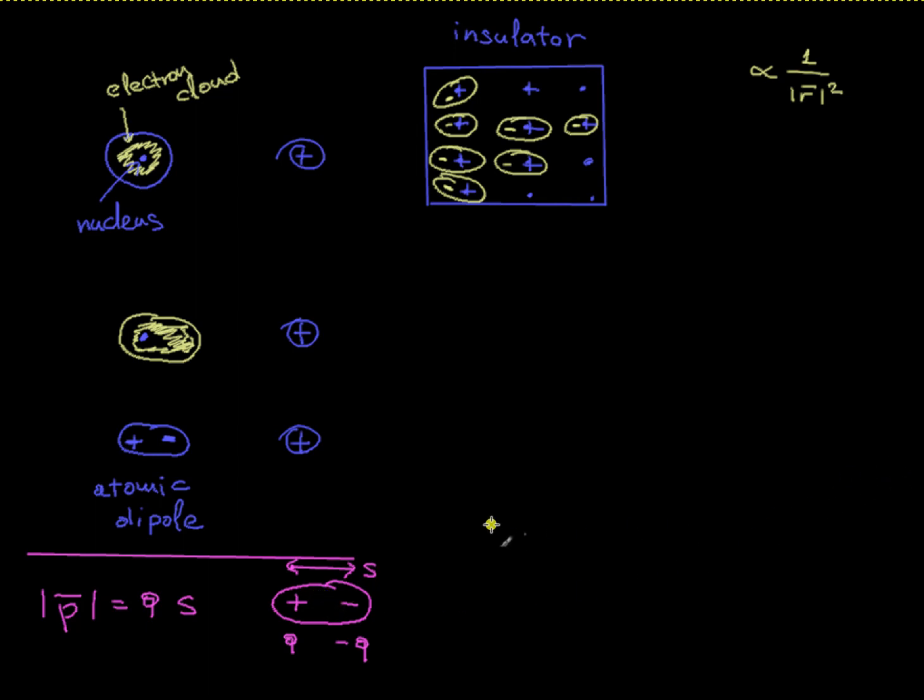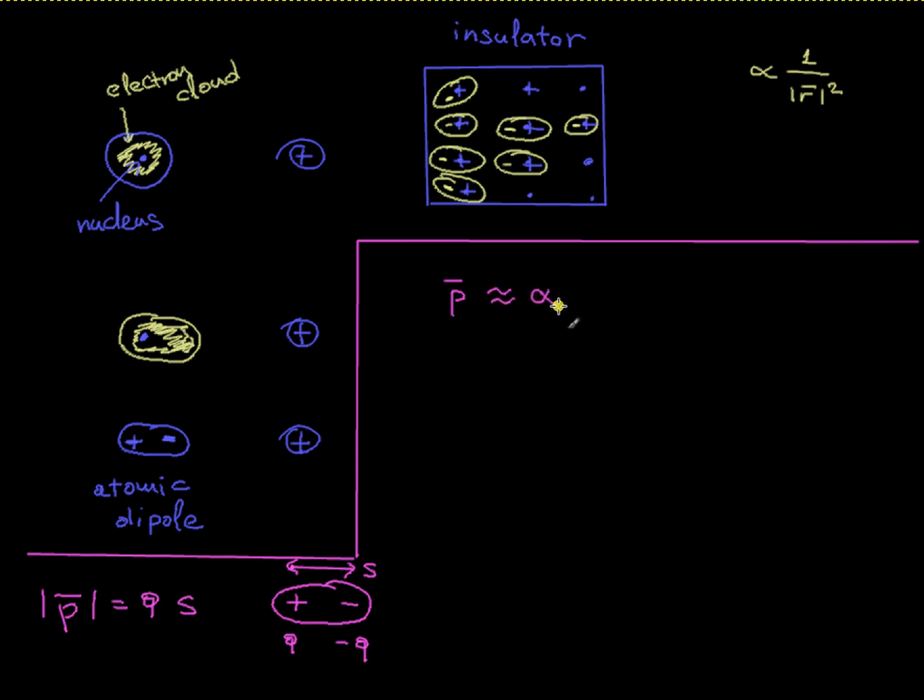Now, we know from theory, but also from experiments, that in some cases we can say that the induced dipole moment is approximately equal to alpha, which we call polarizability, times the electric field.